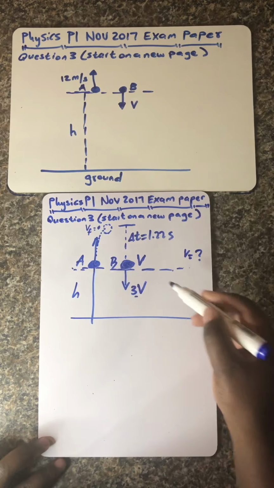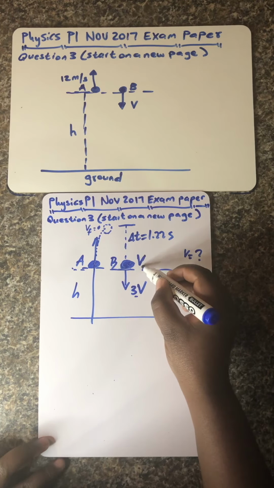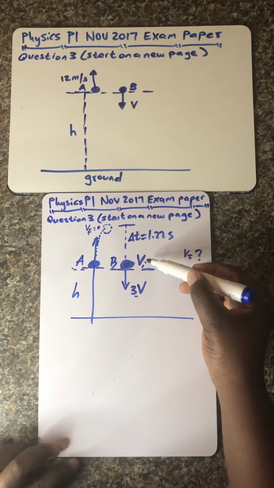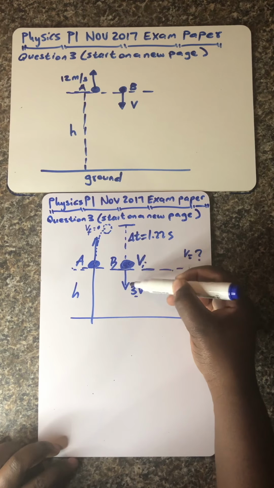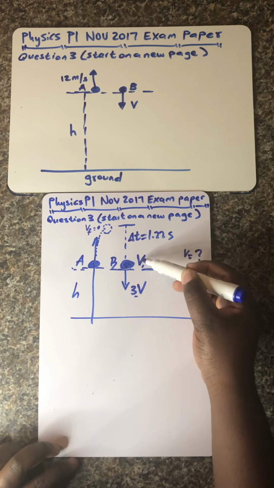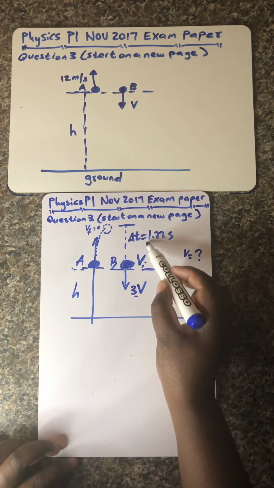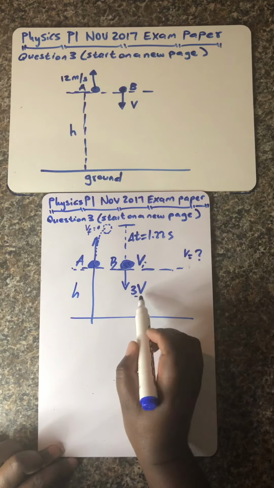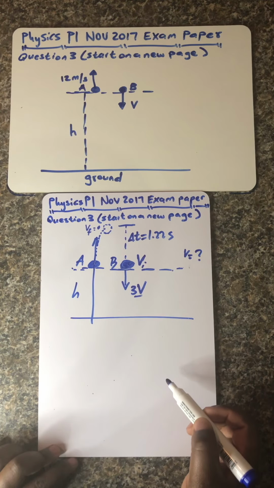So in this case, our v obviously refers to v initial, because obviously this object is thrown vertically downwards at a certain initial velocity, and after some time, which is after 1.22 seconds, they've just indicated that its velocity is 3v.